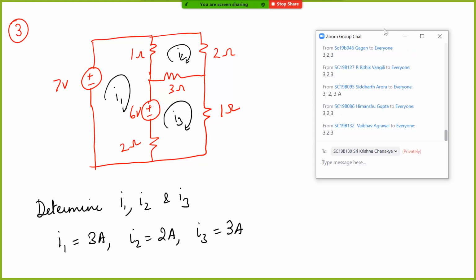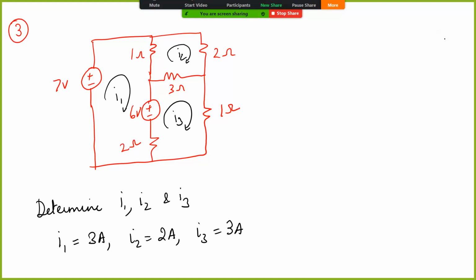All of you are getting this equation. All right, so all of you are getting this one. That's good. Let's move to the next problem.